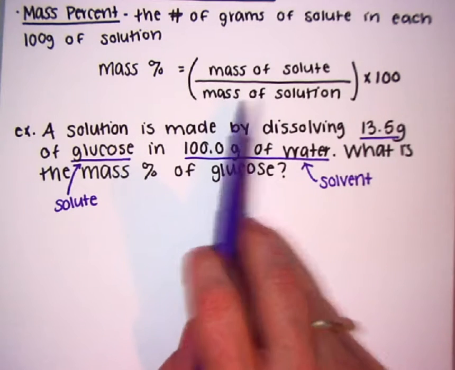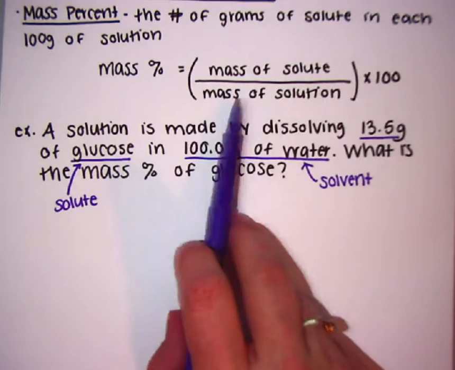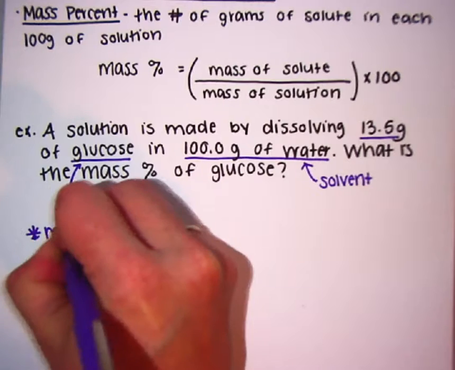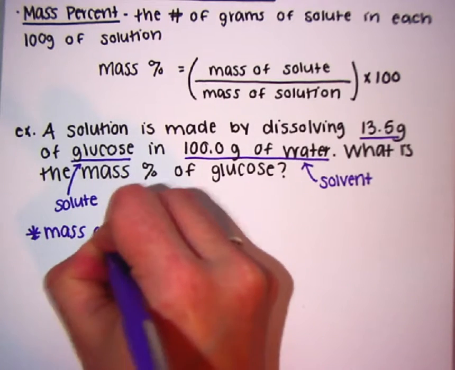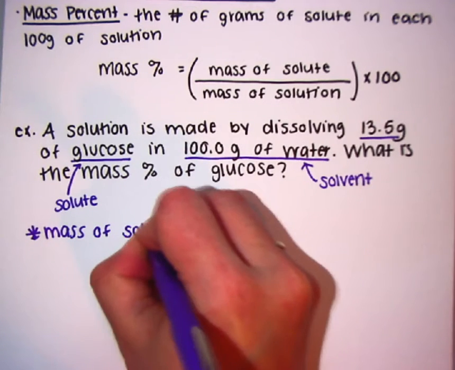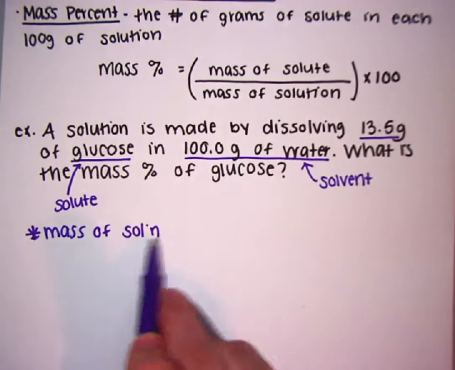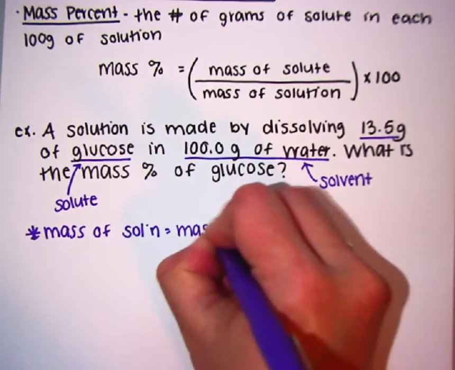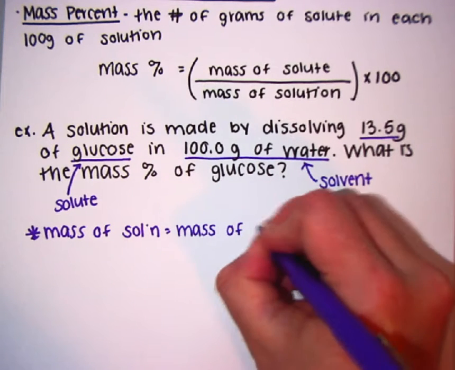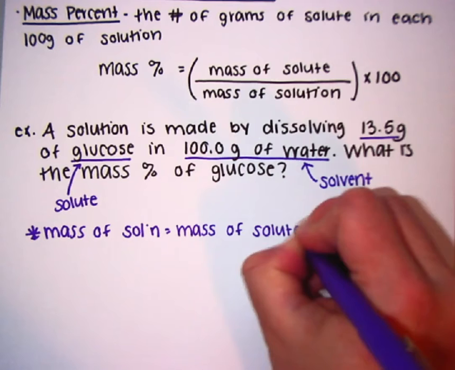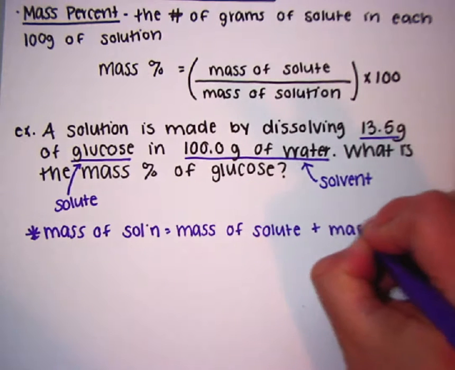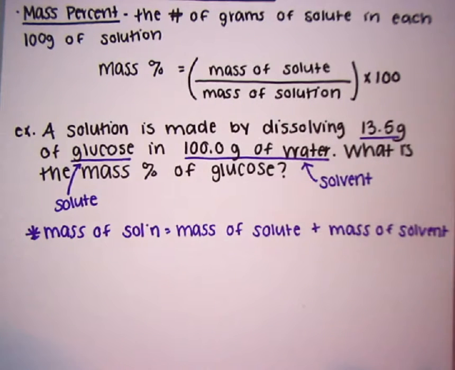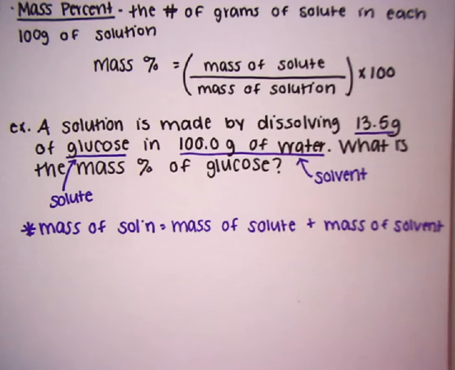I don't need the mass of the solvent. I need the mass of the solution. An abbreviation for solution is soln. Mass of the solution is going to be equal to the mass of the solute plus the mass of the solvent. So be very careful of the problem.